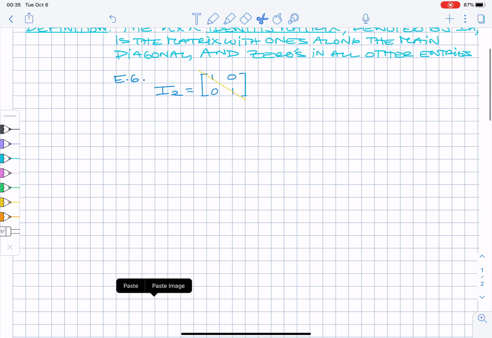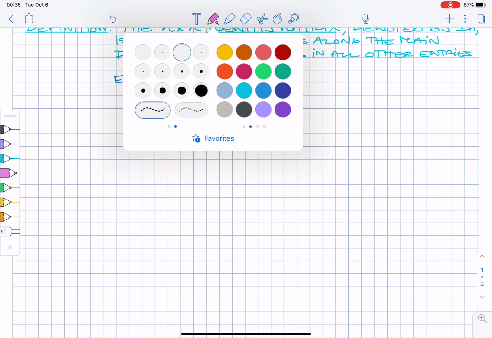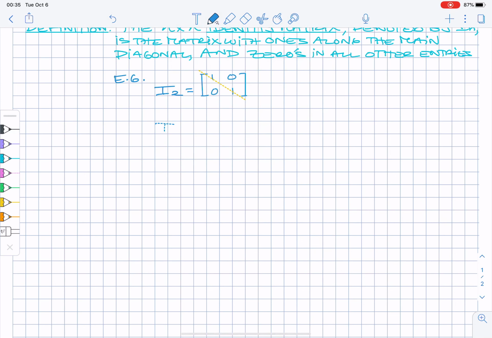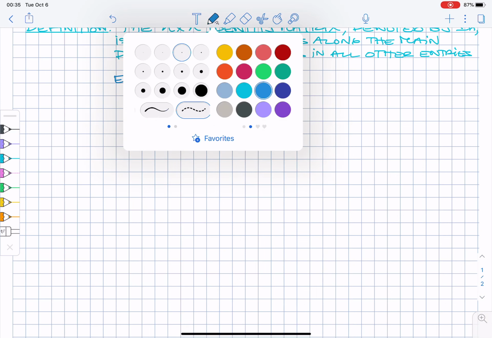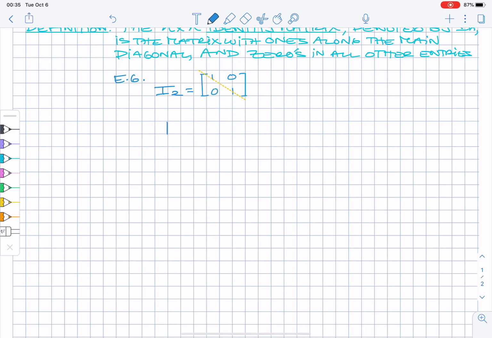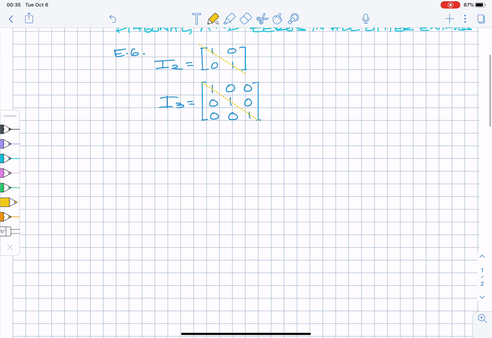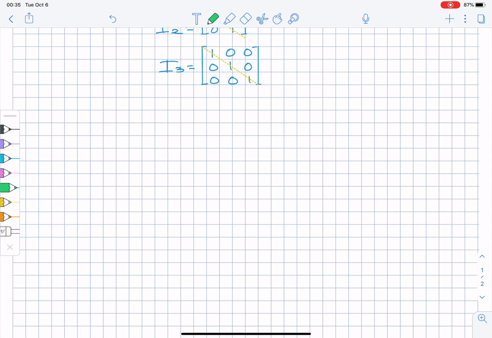And similarly, I sub 3 would be a 3 by 3 matrix that's analogous. So 1, 0, 0, 0, 1, 0, 0, 0, 1. Once again, let's use the yellow. We notice along the main diagonal is ones and everywhere else is 0. That's the identity matrix.